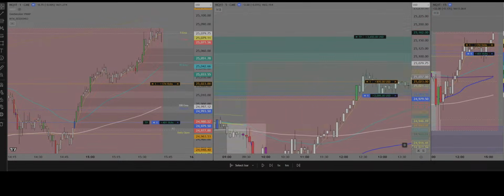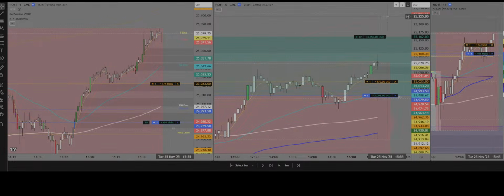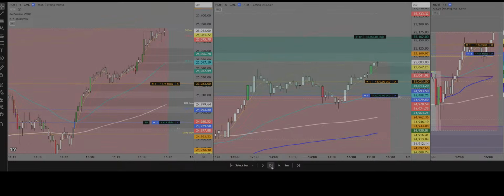Come on. There we go. Whether or not it actually takes that, this is looking very toppy, or coming towards the end of the session. Let's see, what time is it? Yeah, there's only like 30 minutes left. Yep, this is where we close.